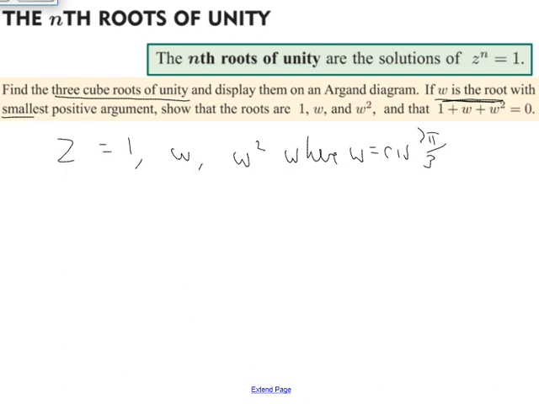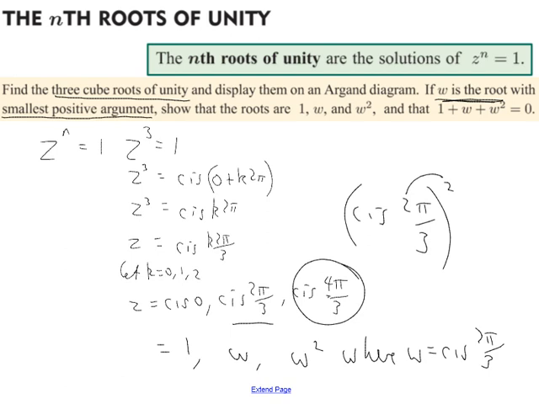Alright, so the next bit, we've done this bit here showing that the roots are 1, w, w squared. I want to show that the sum of those roots is in fact equal to 0. So in this case we can change those complex numbers into Cartesian form. So the first one was 1, the next one was the cis of 2 pi on 3. So 2 pi on 3 puts me in this quadrant here, SATC.